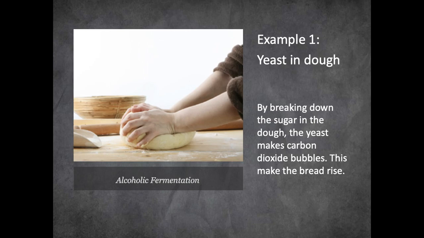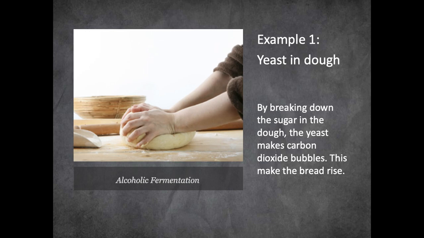Example number 1. Alcoholic fermentation happens when we make bread. We put yeast in our flour when we make dough, and the yeast eat the sugar or the glucose in the flour, and they break it down, and that makes carbon dioxide. The carbon dioxide is trapped in bubbles, and that's what makes the dough rise, or makes the dough nice and fluffy.